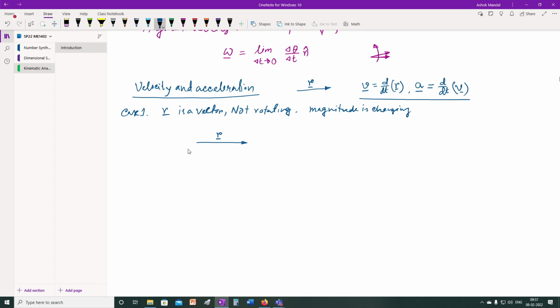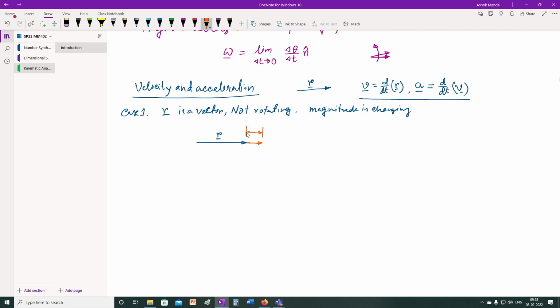That means this is the position vector R, at the beginning it is here, and after some time, suppose the R vector is now here. So this whole thing from this point to this point is, with this delta time, a very small time, an increment vector.